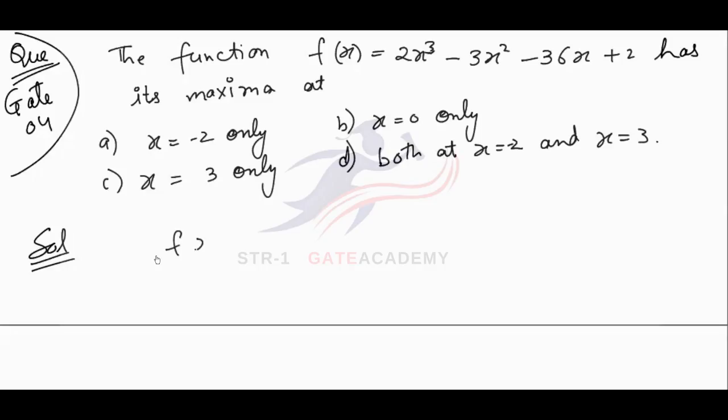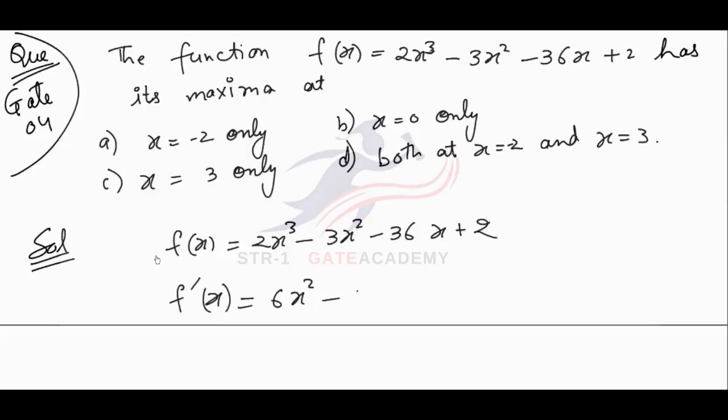We have a function 2x cube minus 3x square minus 36x plus 2. First, let us find out f dash of x. It will become 6x square minus 6x minus 36. Then put f dash x equal to 0.